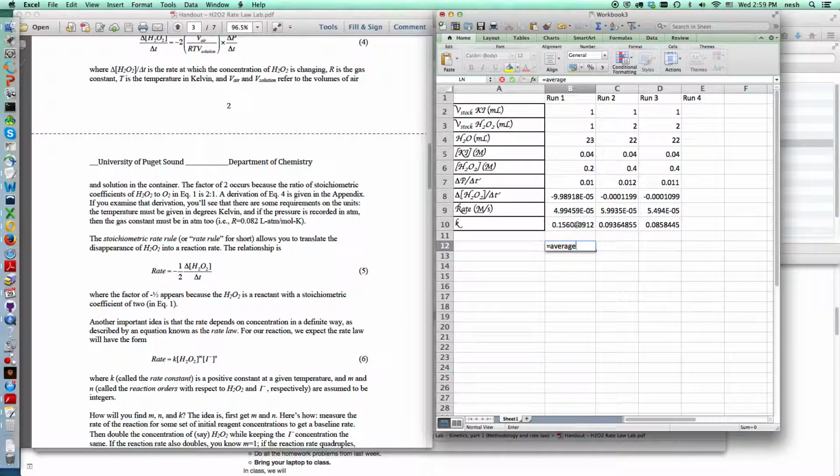And now I highlight the three boxes that I want to take the average of, and close parentheses, and it gets me an average. And so there you have it. I have now the average of the rate constant, which is right there. Okay. And so this should save you quite a lot of time in your analysis.